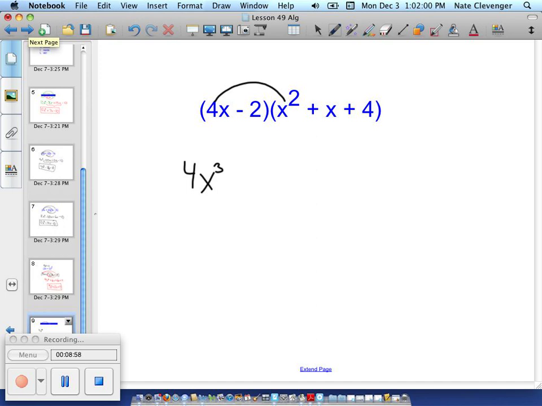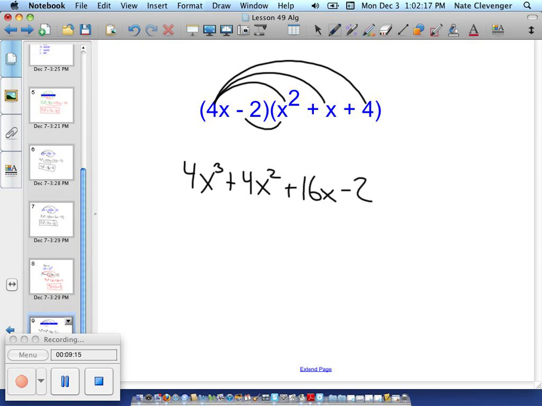We're going to pick up that middle term too along the way. So 4x times x is plus 4x squared. Then we can do our outsides, plus 16x. And then we do the same thing inside. Negative 2, so our insides is negative 2x squared. Negative 2 times x is negative 2x. And then negative 2 times 4 is minus 8.